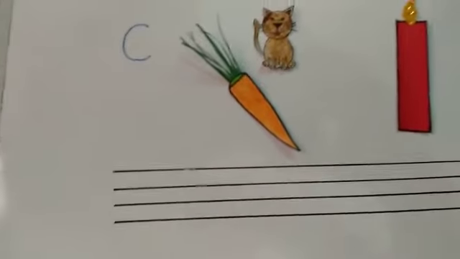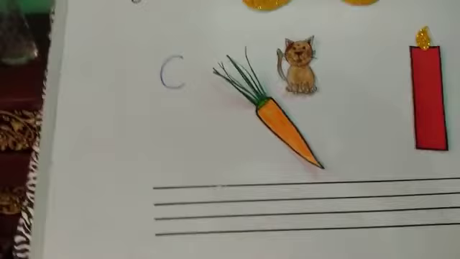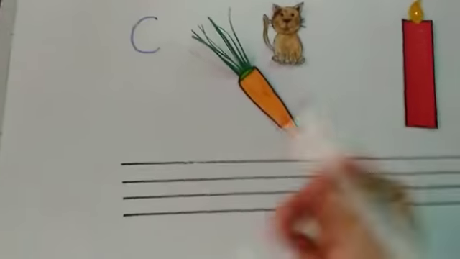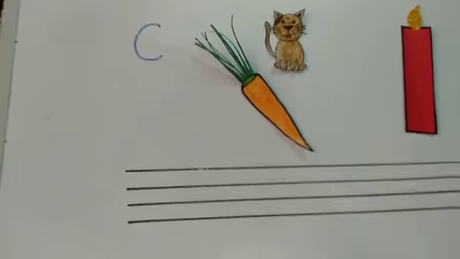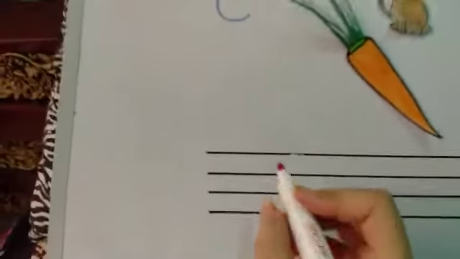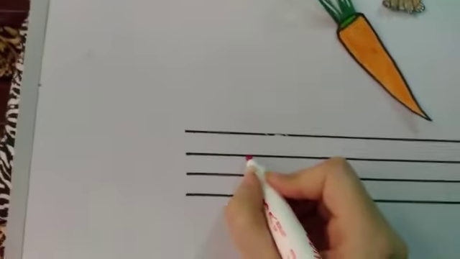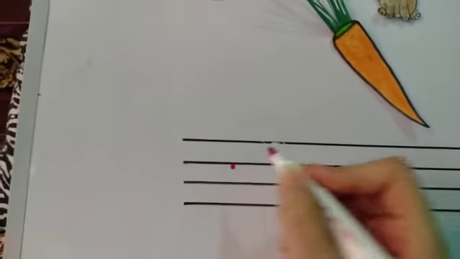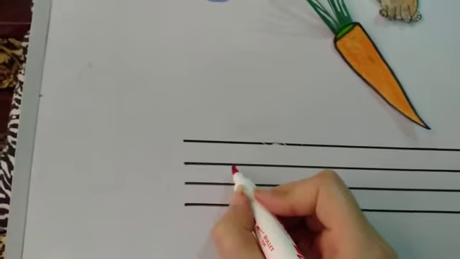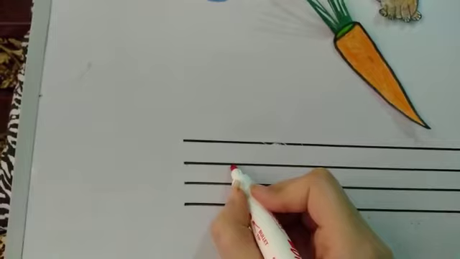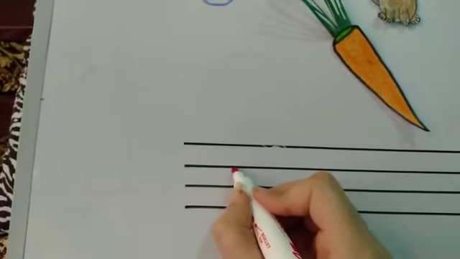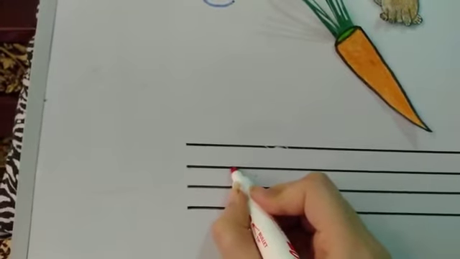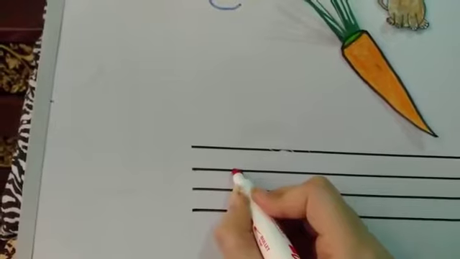Now we learn how to write the alphabet C, K. So what we have to do, we put a dot here and then we'll make a half circle like this here from this dot.